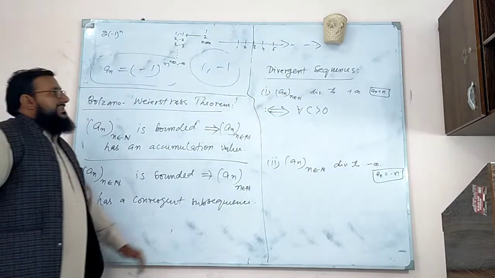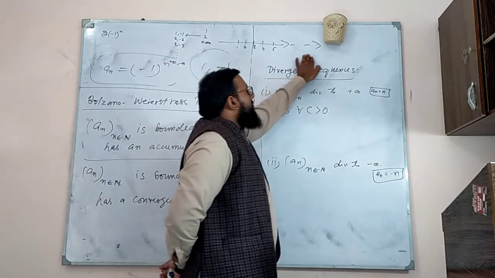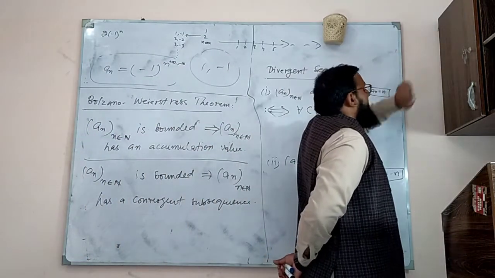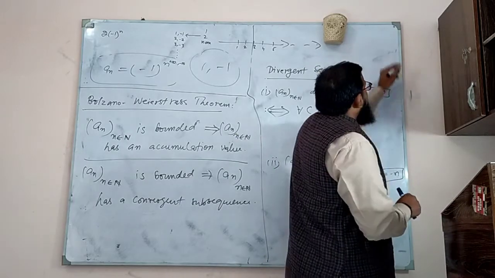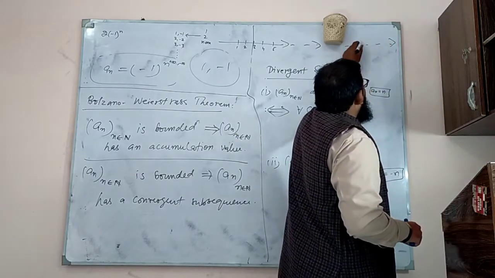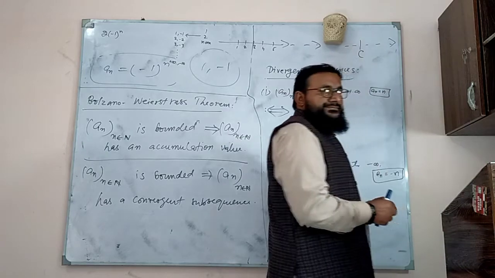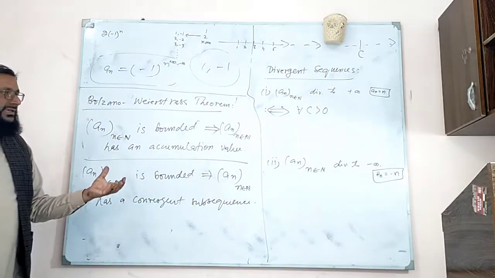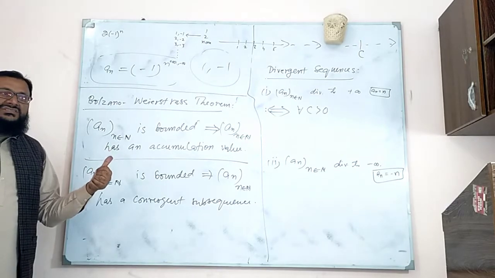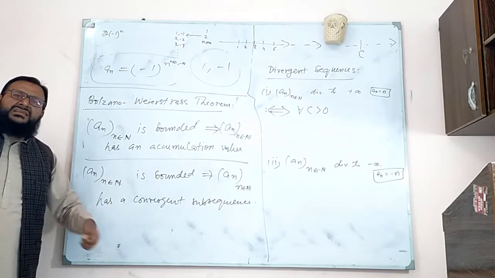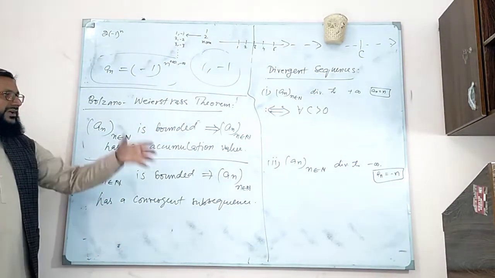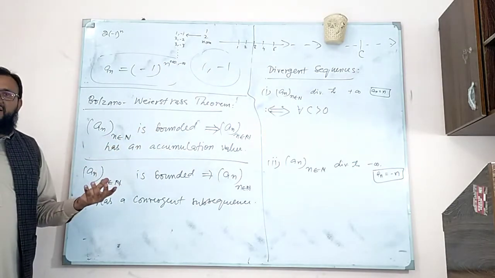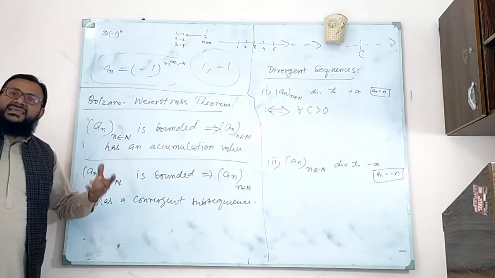So I say that my sequence diverges to plus infinity. It means I ask you to give me any value C. If I write epsilon, it means give me any small value. If I write something else like C or D, it means give me any large value.